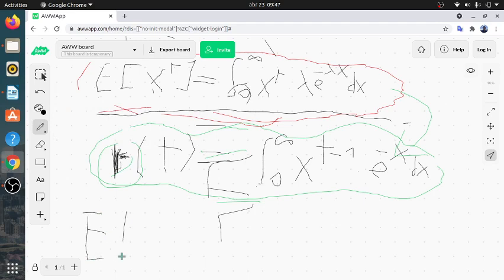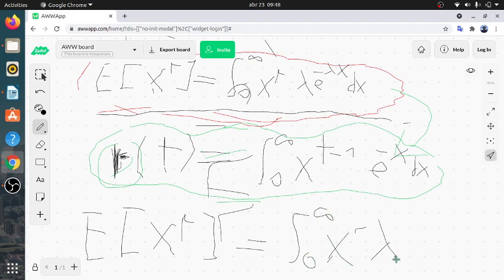The expected value of a random variable x to the power of r equals the integral from 0 to infinity of x to the power of r times lambda e to the minus lambda x dx.